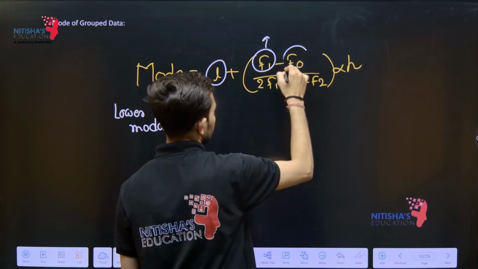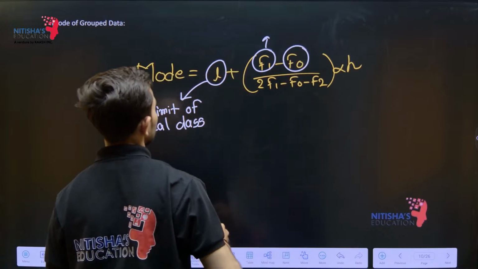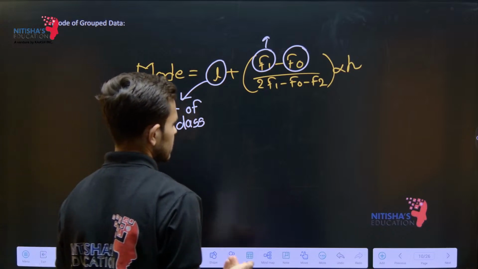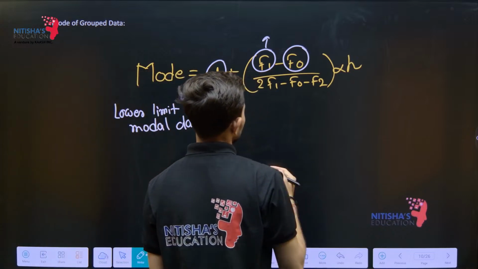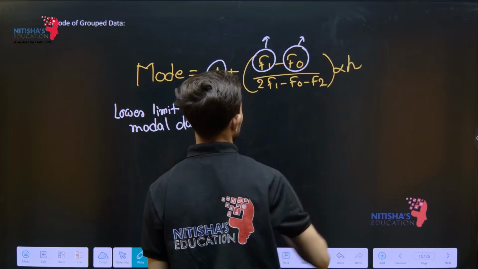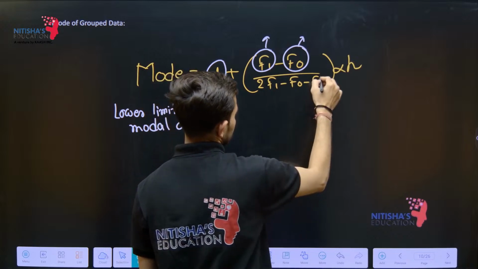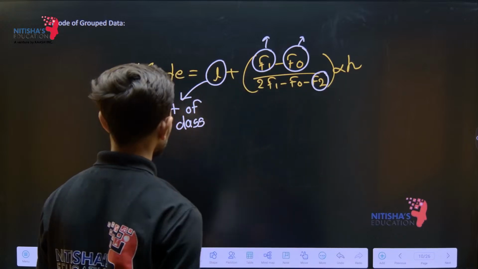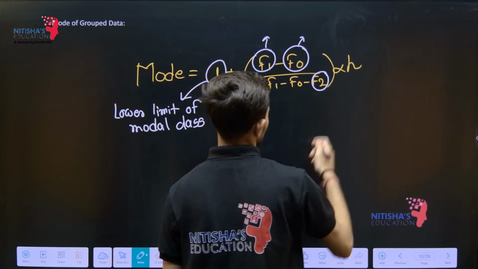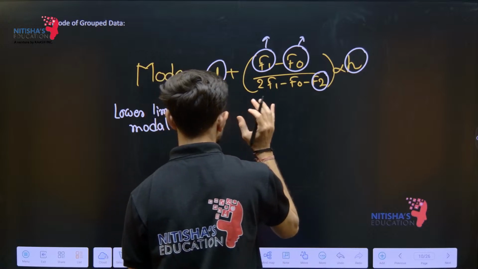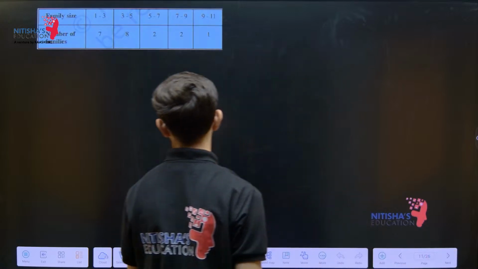What is F0? F0 is the frequency of the previous class of the modal class. What is F2? F2 is the frequency of the successive class of the modal class, and H is our class size.